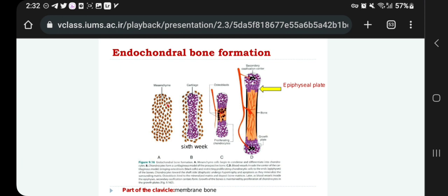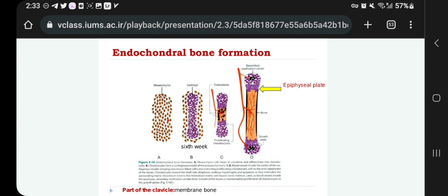We have two models of bone formation: endochondral bone formation and intramembranous bone formation. In endochondral bone formation, at first we have a cartilage model, and after that it is removed and substituted by bone. But in intramembranous bone, the mesenchymal cells directly differentiate to bone.